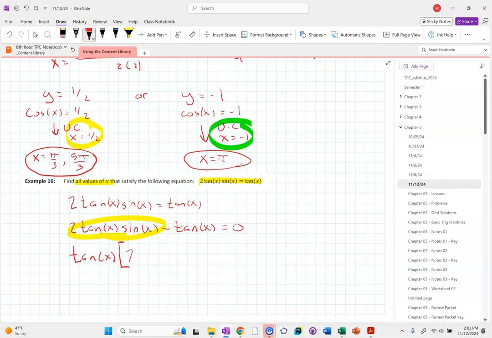You're going to have 2 sine x, right? Remember, when you're factoring, you're really doing division. What do I get when I factor tangent out of the second term? I get 1, right?